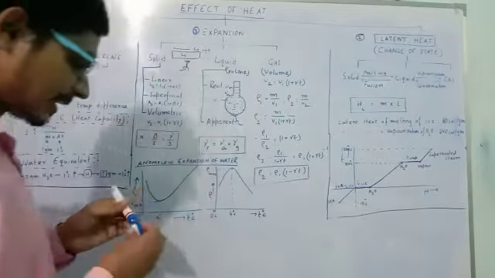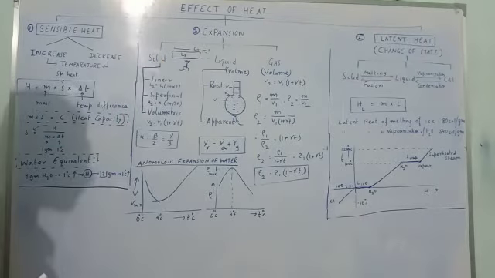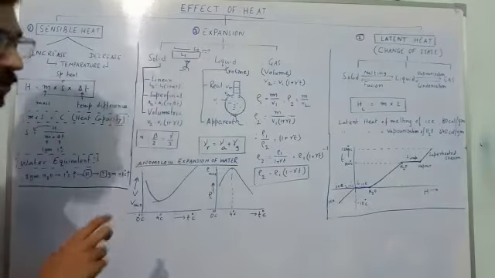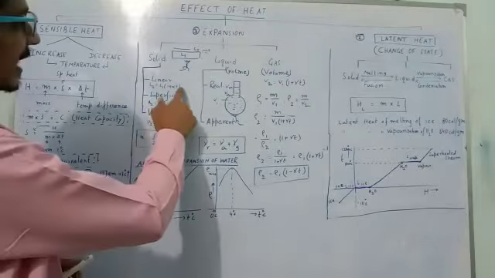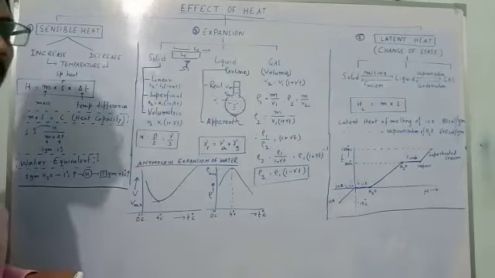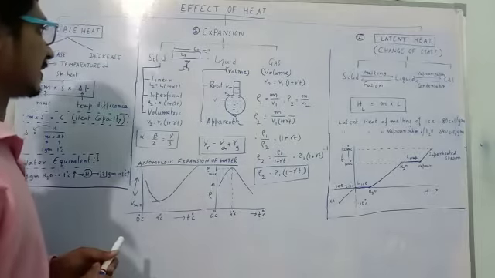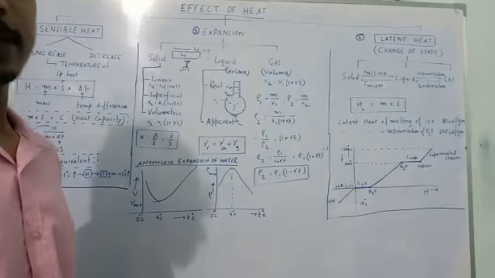That increase in length is called linear expansion of solid. What is the relationship between L2 and L1? L2 is equal to L1 into 1 plus alpha T, where alpha is called the coefficient of linear expansion.